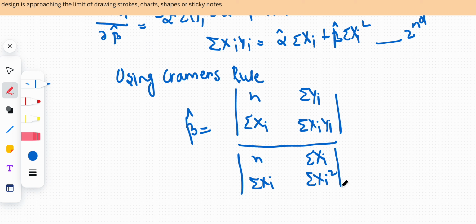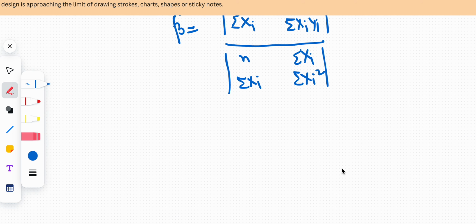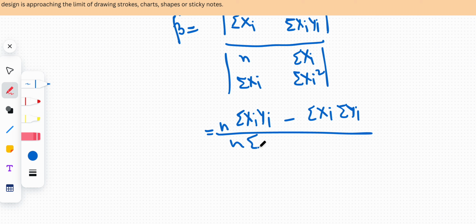So yeah, this makes my equation n summation xi yi minus, I think this is it.